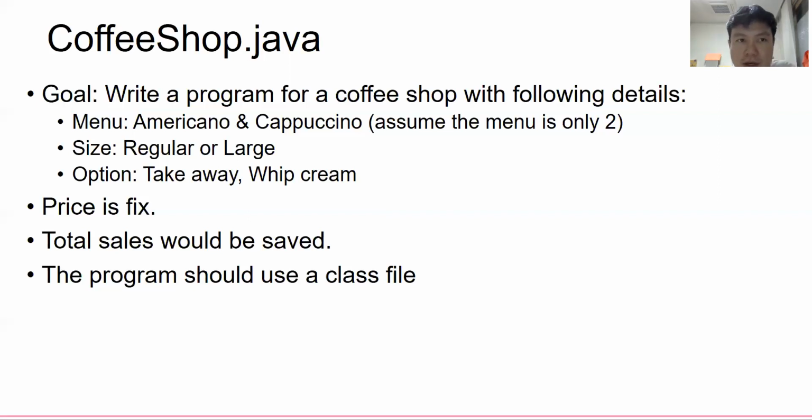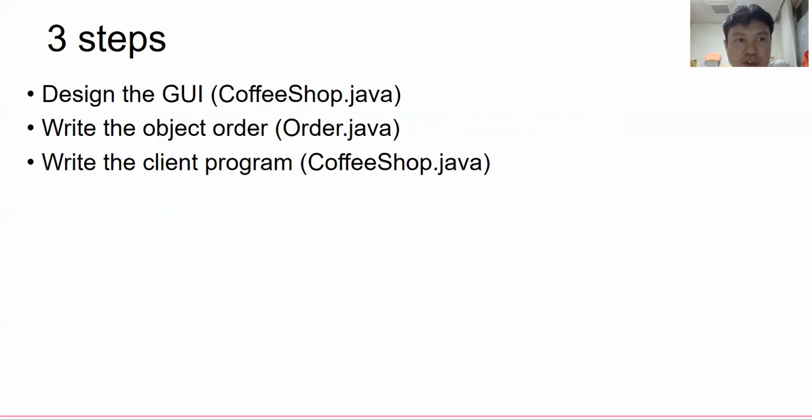So let's see how we can make this coffee shop. The first part, you need to define the GUI. The GUI means you need to design the graphical user interface. Is there any button, or any text, or anything related with the selection?